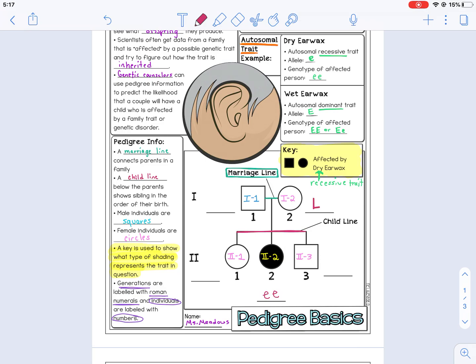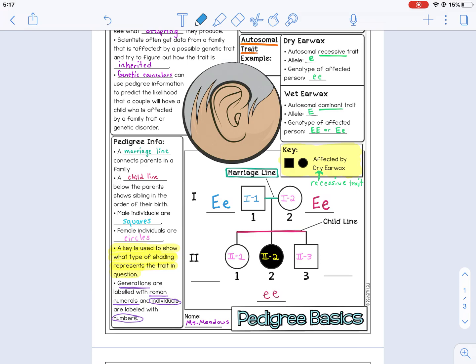So that means we have just figured out that both biological parents have to be big E, little e. Because it's the only way that they could each pass on a little e and yet still have a big E so that they don't have dry earwax themselves.